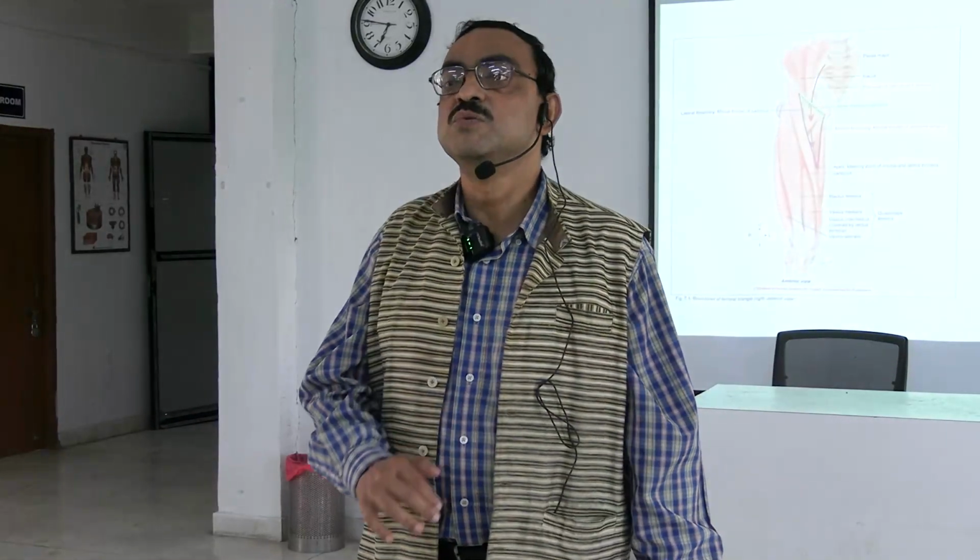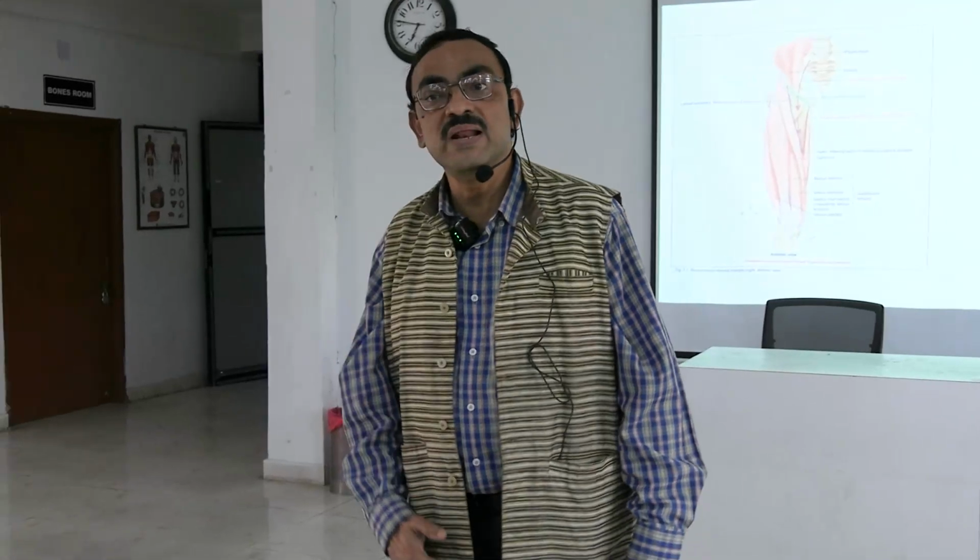Now, when we dissect the superficial fascia, we will get another fascia that surrounds the whole thigh. That is the deep fascia, and here it is named as fascia lata.